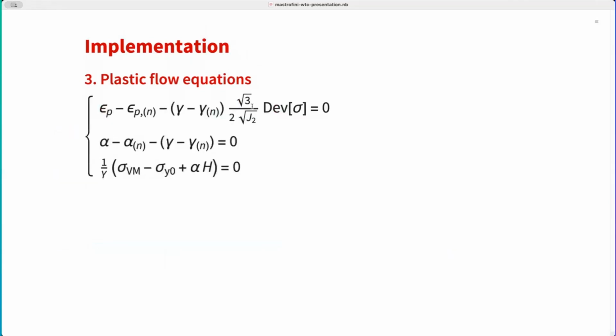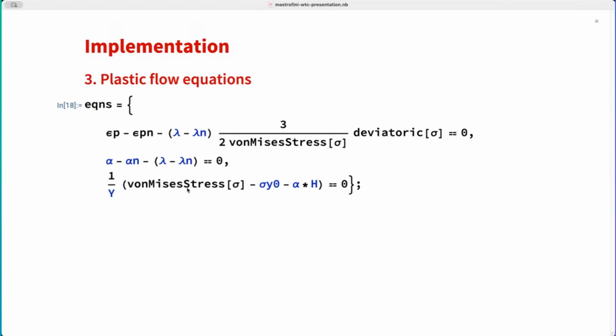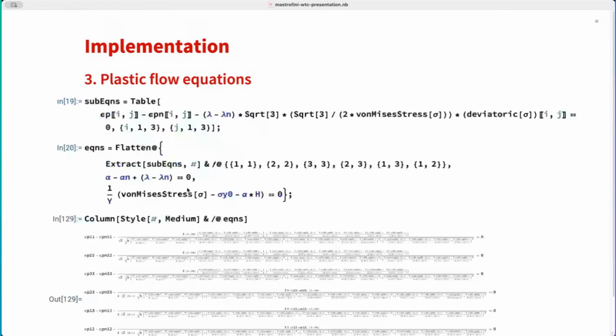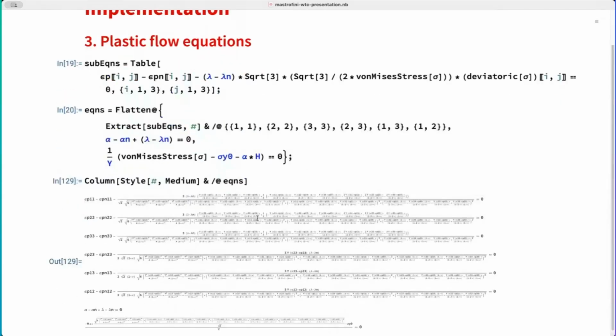with a tensor expressed like that, a symmetric tensor of 9 components. From this tensor, we can extract this set of equations, 6 equations from the first row and the other 2 equations. In particular, by extracting this equation, we can observe a relatively complex system of equations like that.